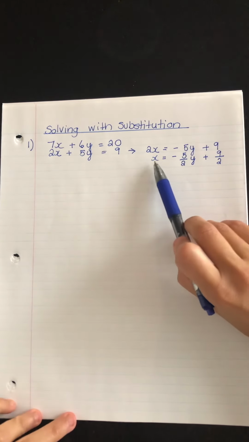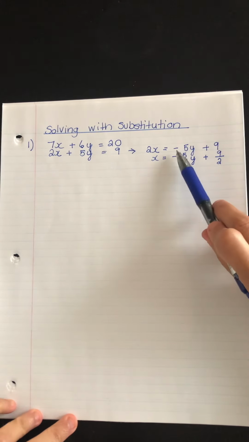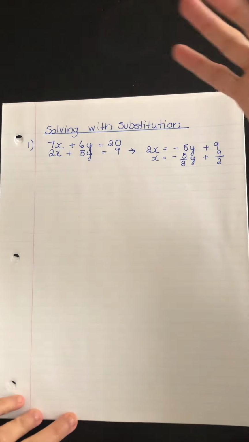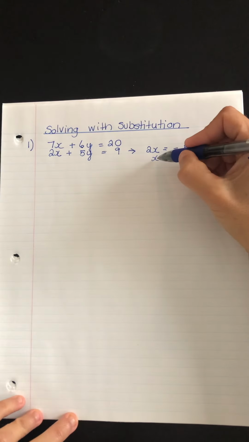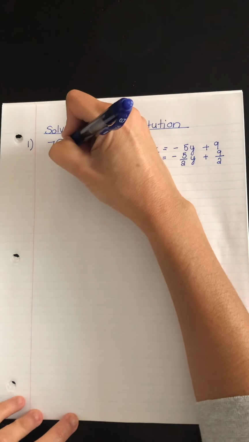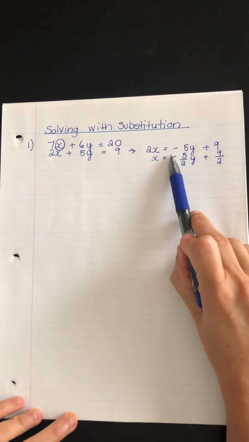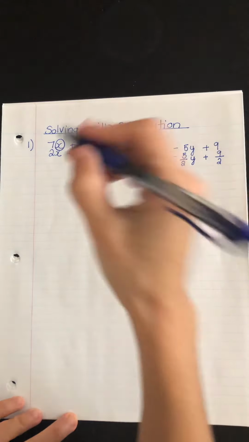So we're going to take this expression for x and substitute it into the first equation. So into the other equation where the x is. So right here in this first equation, we're putting this binomial. So that's going to look like this.